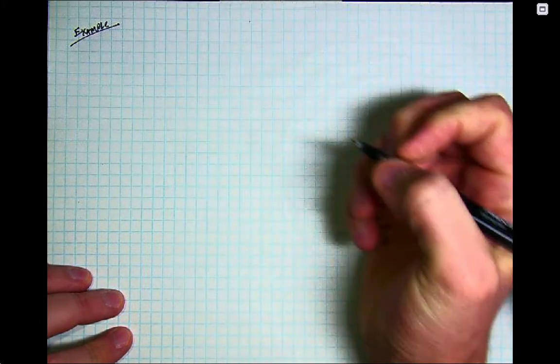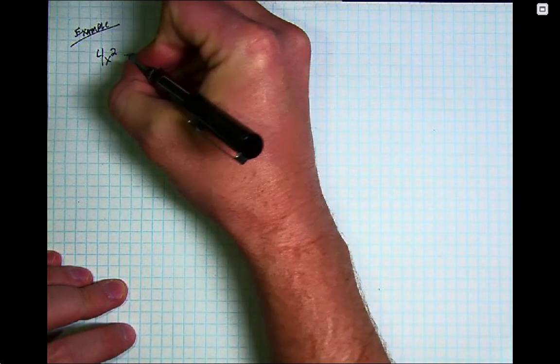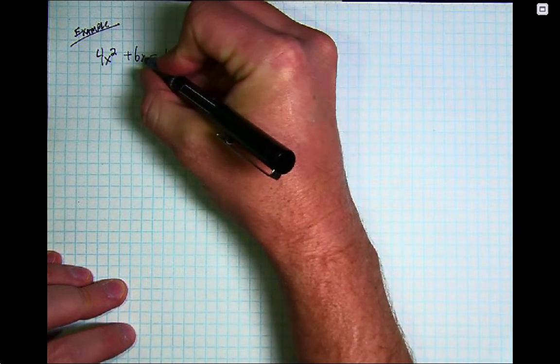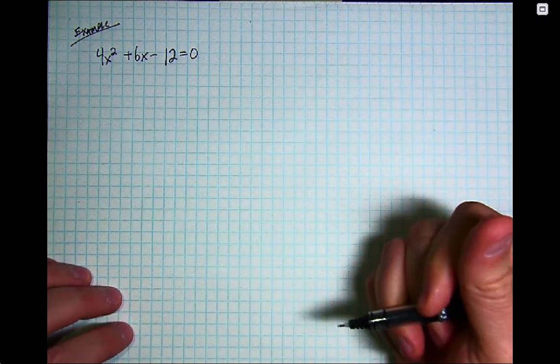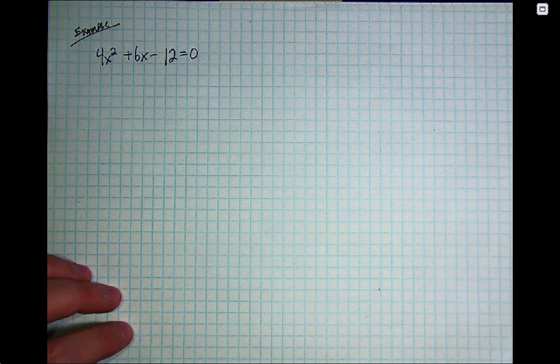with numbers in it. If I have 4x squared plus 6x minus 12 equals 0, and I'm going to try to complete the square to solve that. Here is what I'm going to need to do first.